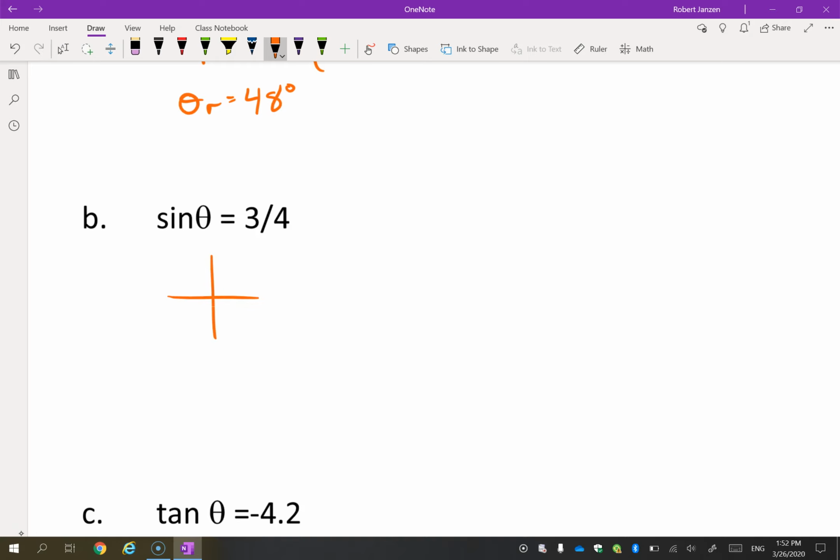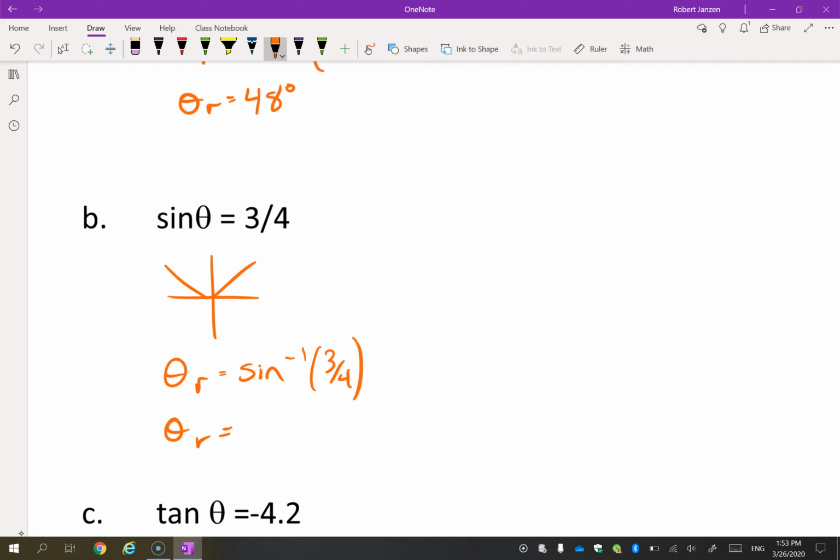Where is sine positive? Here and here. What is the reference angle? So you're going to take the inverse sine of 3/4. So second sine divided by, there we go, so about 49 degrees.